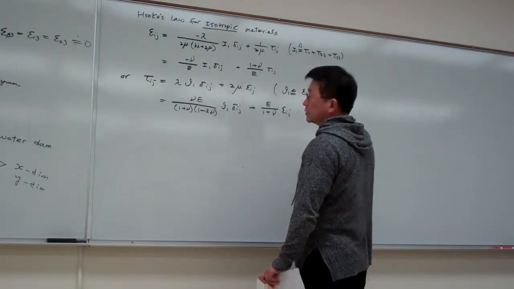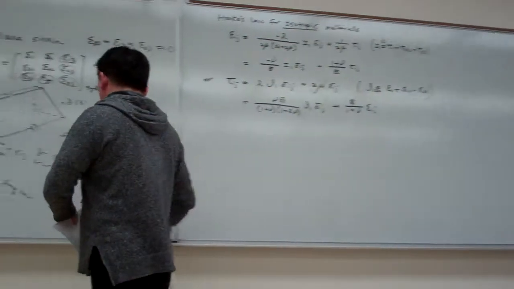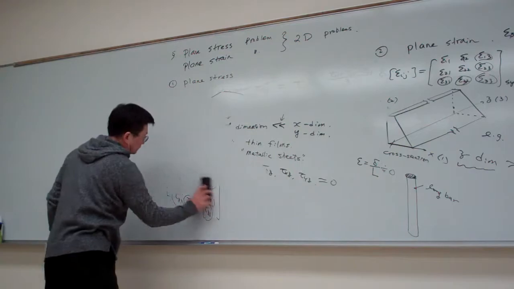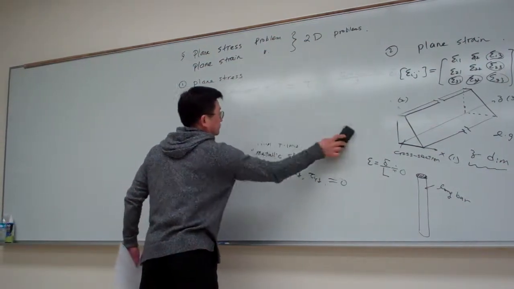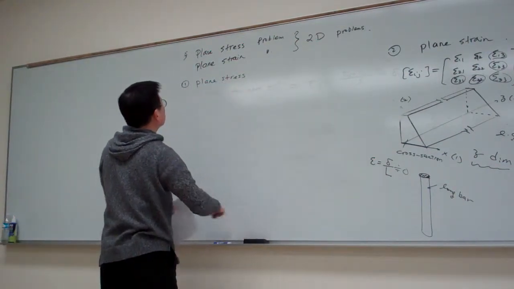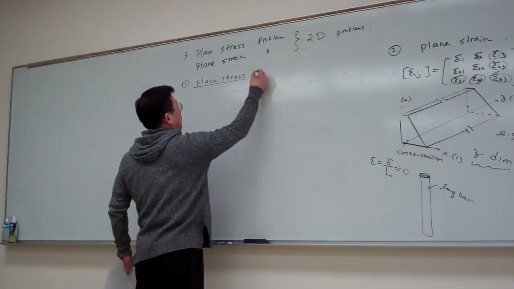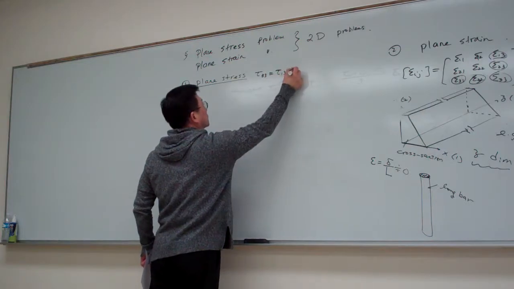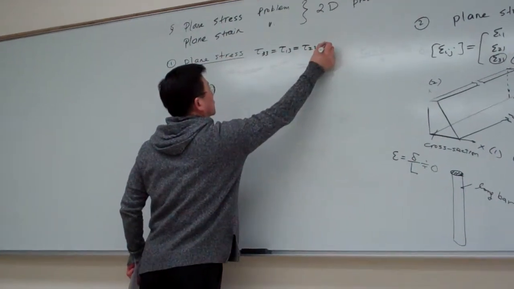So for the plane stress, we can have this. For the plane stress problem, for example, we say tau 3,3 equal to tau 1,3 equal to tau 2,3 equal to 0.